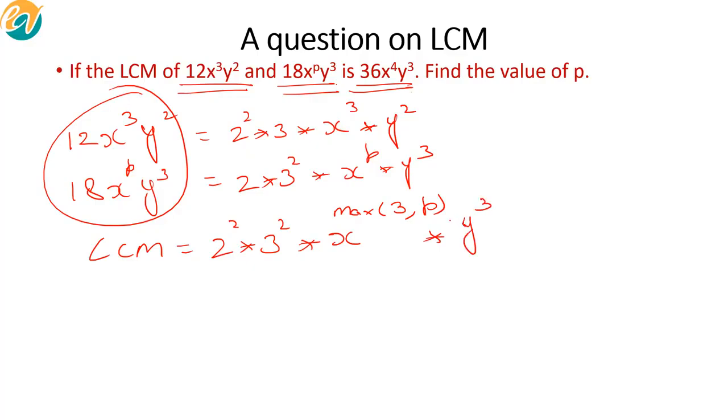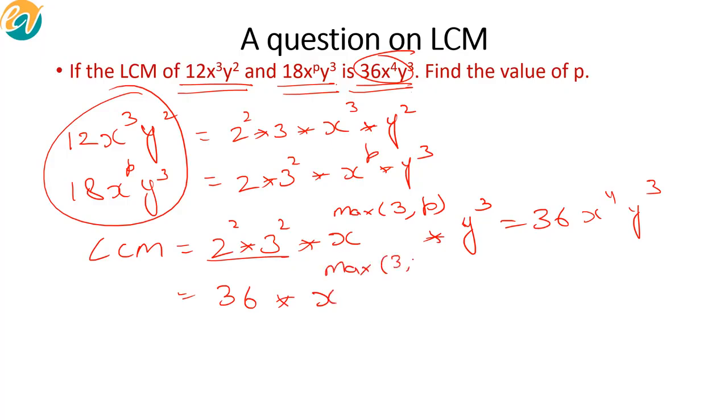Now that's the LCM. We are already given that the LCM is 36 x raised to the power of 4, y raised to the power of 3. Now notice 2 square into 3 square is 36. So 36 into x raised to the power of the greater value between 3 and p into y cube is equal to 36 x raised to the power of 4, y raised to the power of 3. Now notice 36 gets cancelled, y cube gets cancelled.